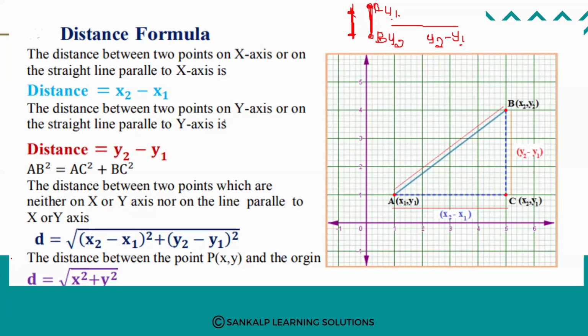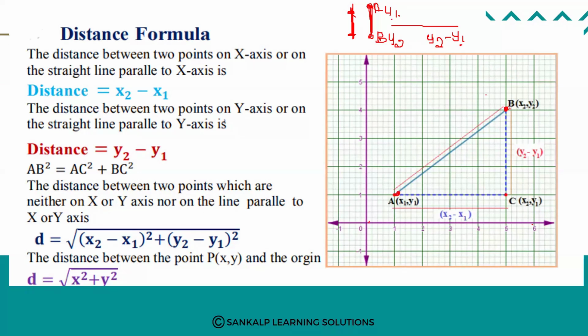Okay, so now our points are neither on the x-axis nor on the y-axis, and not parallel to the x-axis or the y-axis. So our points are somewhere else. See, this is the x-axis, this is the y-axis. Our points are not on the x-axis or y-axis, and not parallel to either. So a point is somewhere here. This is point A and B.